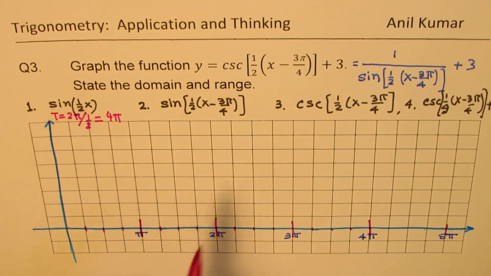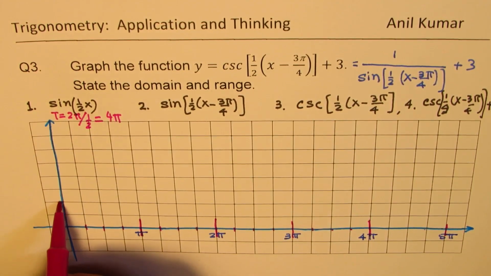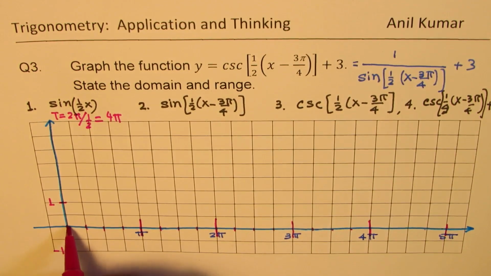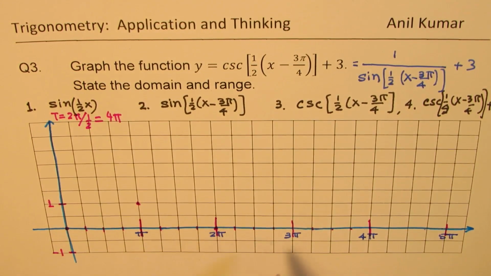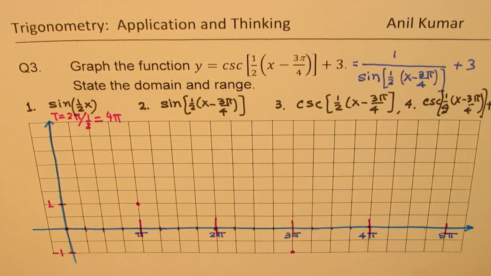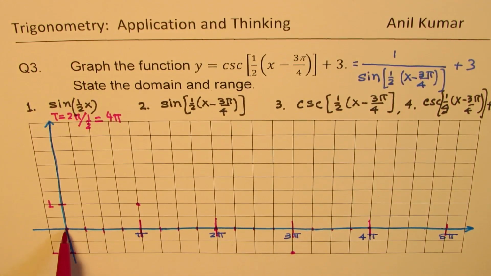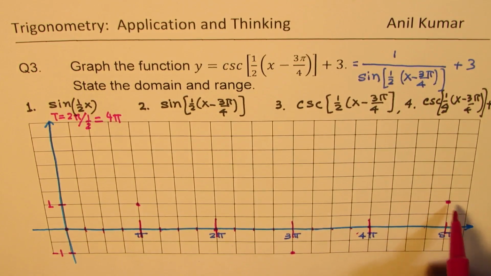So I'll just sketch one cycle. To get sine of half x, our amplitude is 1. Let this be 1 for us and this be minus 1 for us. Clear? So that is going to be starting with 0, maximum, 0, minimum and 0. Correct? So that is how the cycle is going to move. And now joining these points, we should get our graph, right? And then again, it will move to maximum at 5 pi.